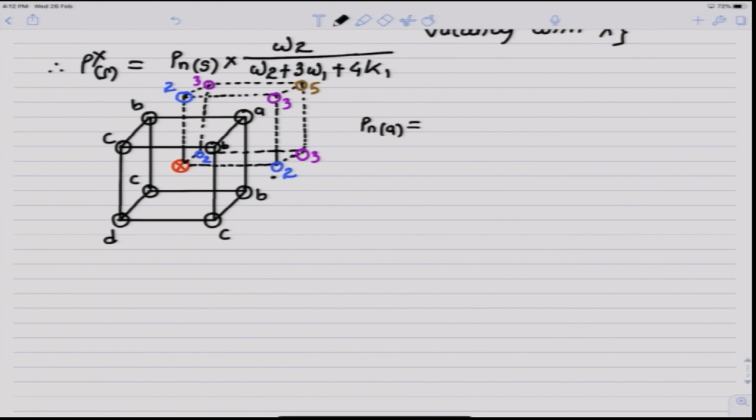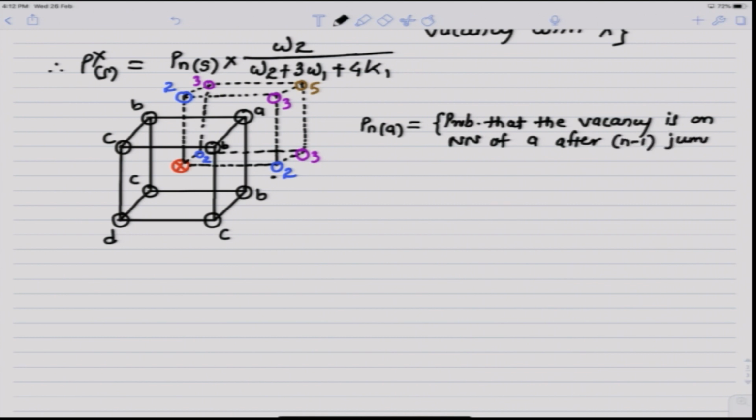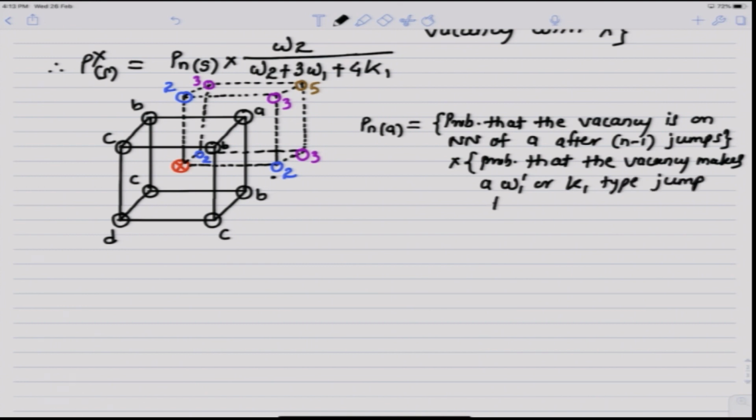Now, Pn of A can be written as the probability that the vacancy is on a nearest neighbor site of A after n minus 1 jumps, times the probability that the vacancy makes an omega 1 prime or k1 type jump during the nth jump.